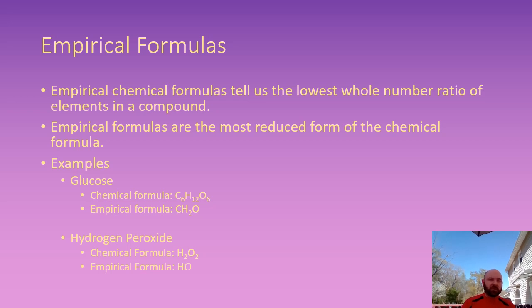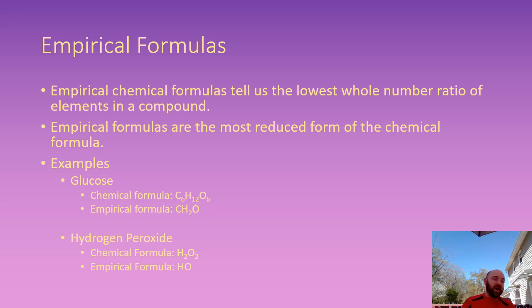Empirical formulas tell us the lowest whole number ratio for elements in a compound. Empirical formulas are the most reduced form of a chemical formula.